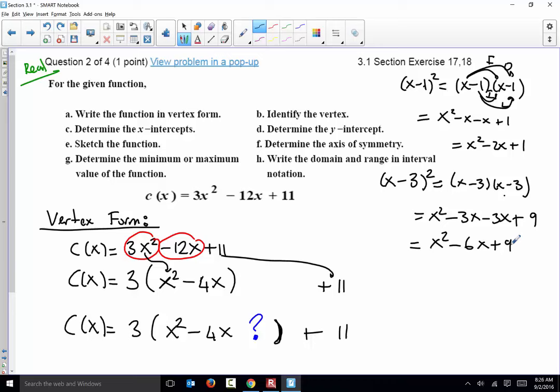Now, do you need a third example? I think you guys are smart. Do you see a pattern between this number and this one? If this is -1, this became -2, right? And if this is -3, this becomes -6. What is the relation between these two numbers all the time?